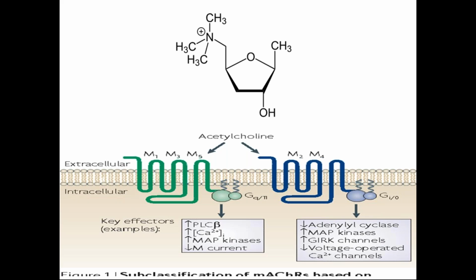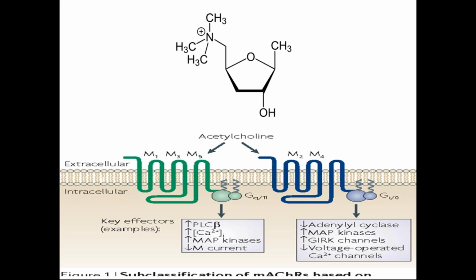Just one word I need. Why? Tell me why it is a muscarinic receptor. We are studying the cholinergic receptors. These cholinergic receptors are called cholinergic because they bind to acetylcholine.